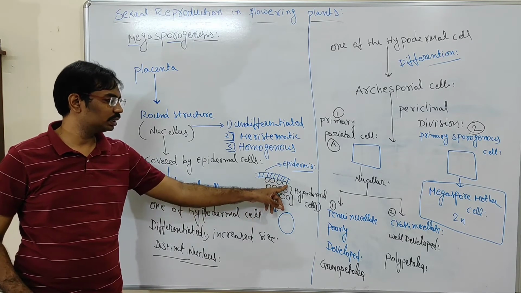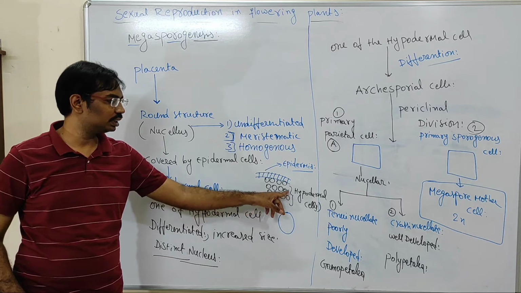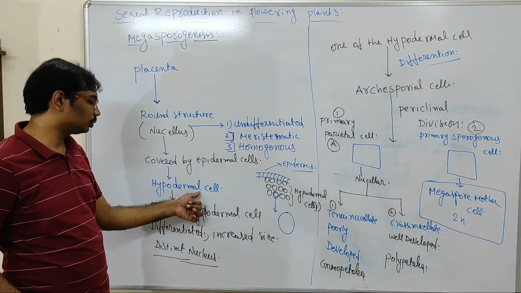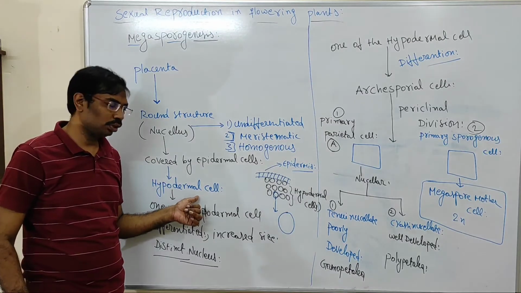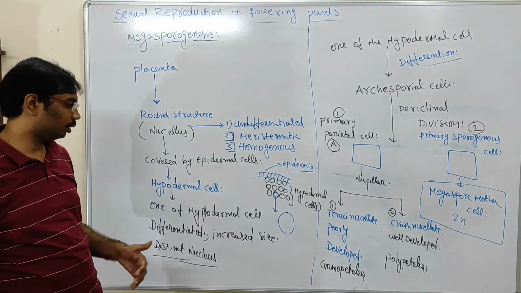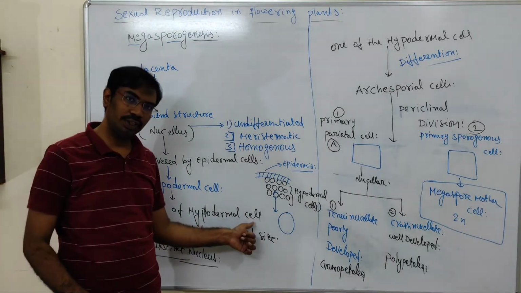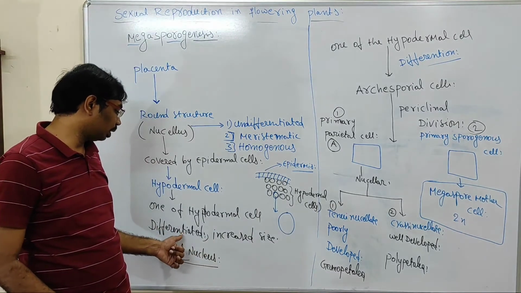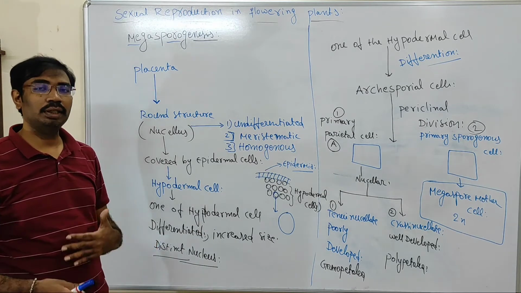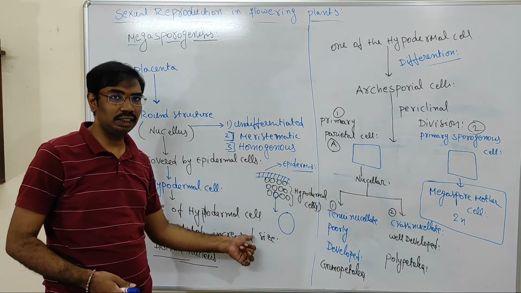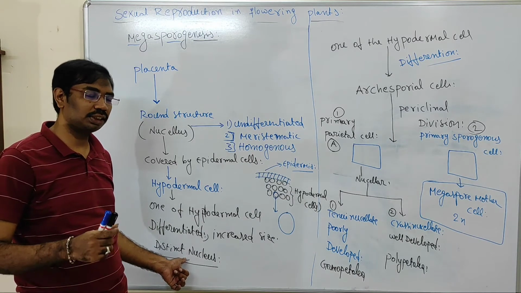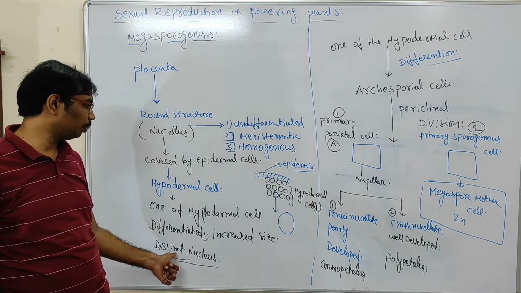Many hypodermal cells are present here. Of those, one hypodermal cell is differentiated. After differentiation, the hypodermal cell increases in size and contains a big, distinct nucleus.